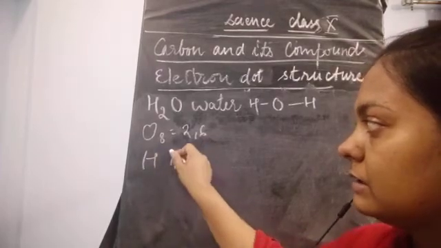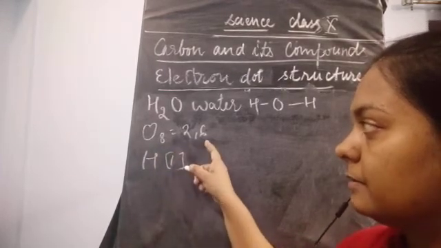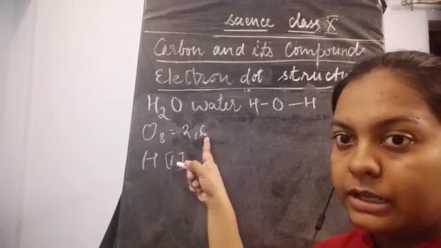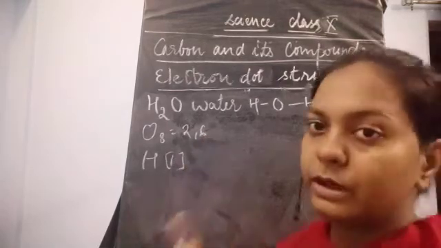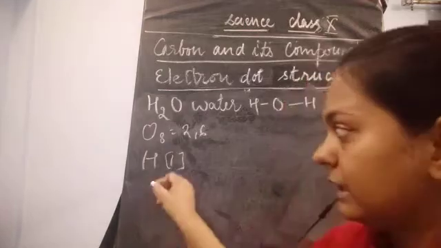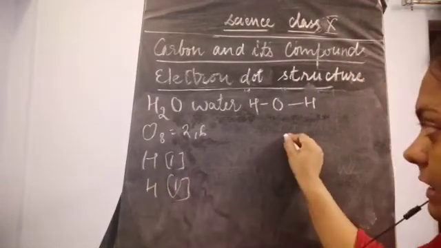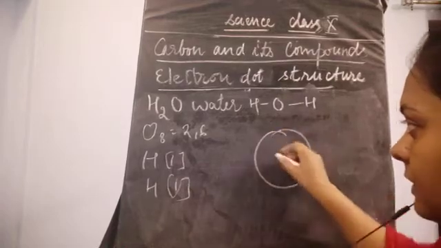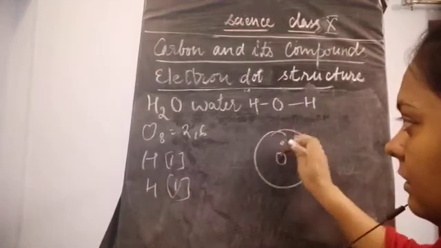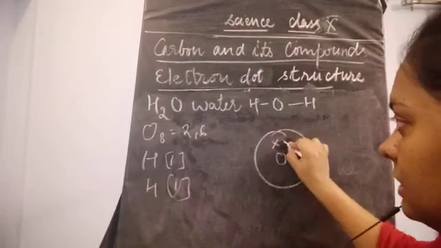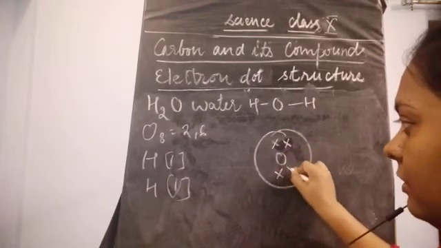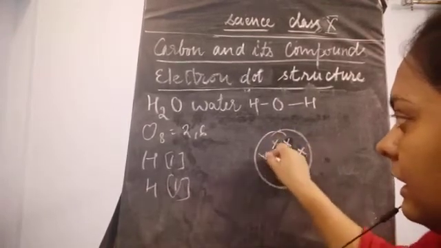So how many electrons does this require to complete its octet? It requires 6 plus 2, 8. 2 electrons are required, so we'll take up 2 H. Okay, now how is this being drawn? Let's see. Oxygen with 1, I'll just make a cross, 1, 2, 3, 4, 5 and 6.